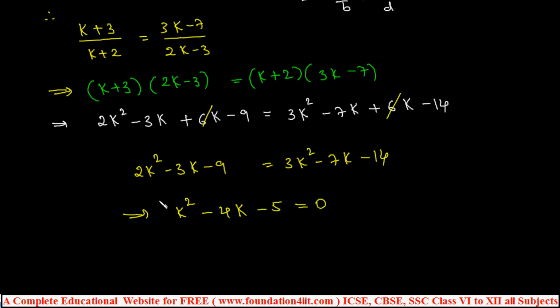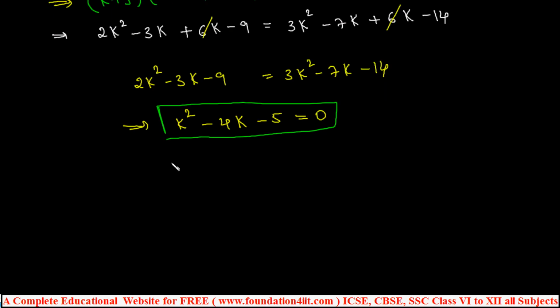So this is the quadratic equation. If you factorize this, you will get the value of k. Simple, splitting the middle term. That is k square minus 4k minus 5, we can write minus 5k plus k, because minus 5 plus 1 is minus 4, again minus 5 is equal to 0.